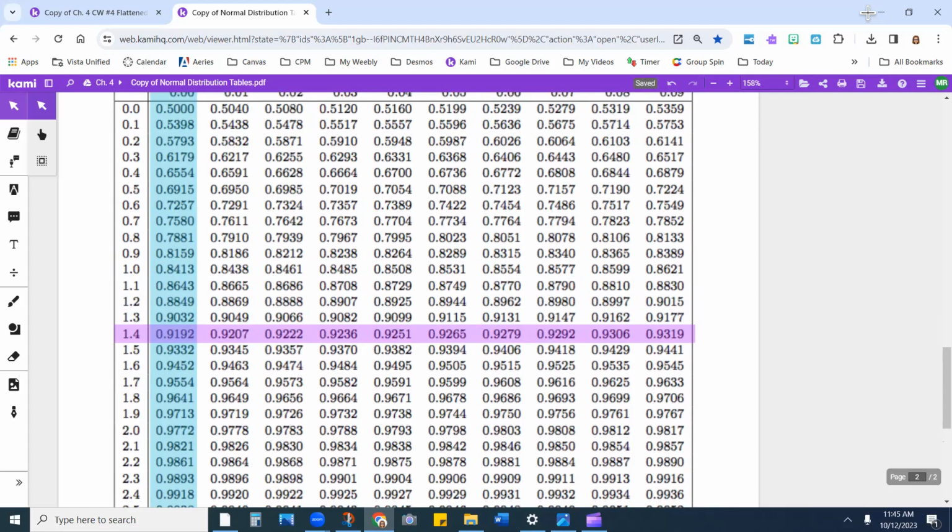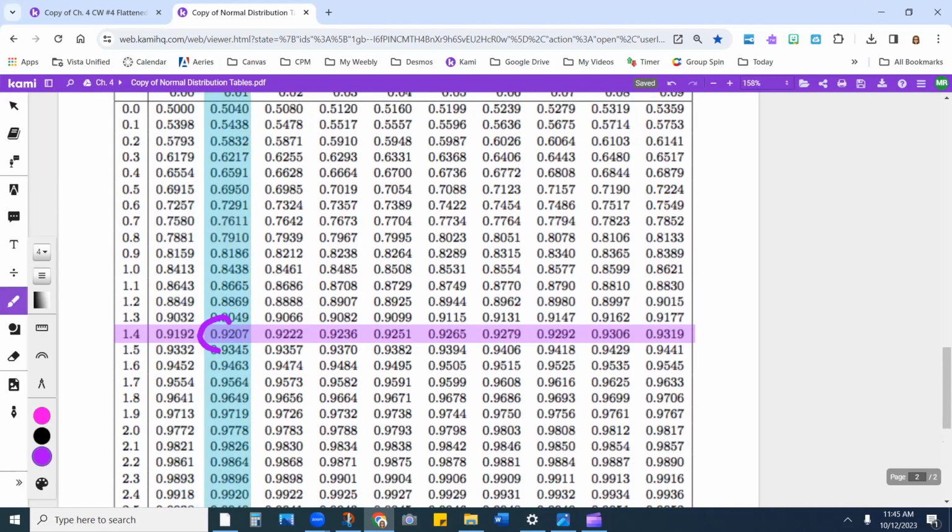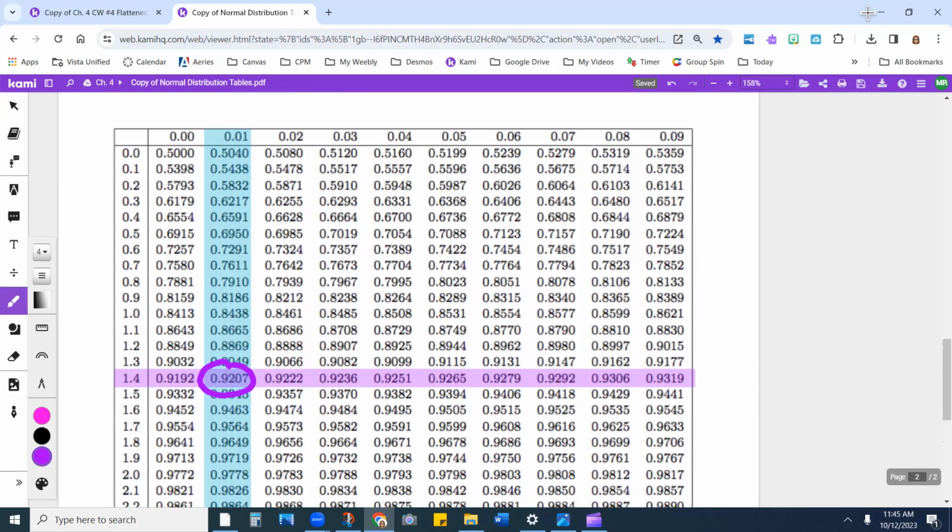So a 0.92 would have been about here, which would correspond with a 1.41 z-score about.